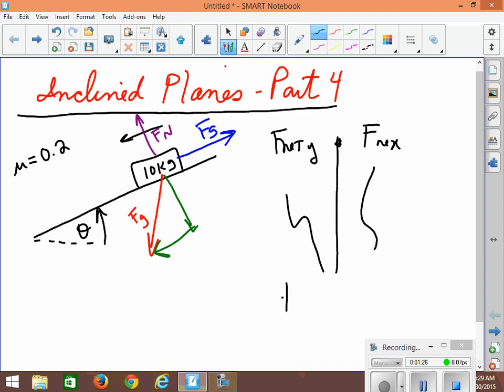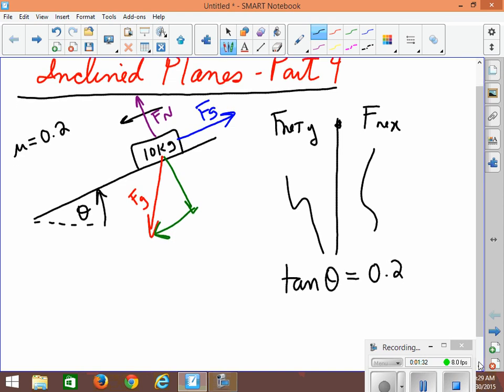We discovered at the end that we came up with this equation that said tan theta equals 0.2, which implied that all you need to know is the coefficient of friction to figure out this tan theta.